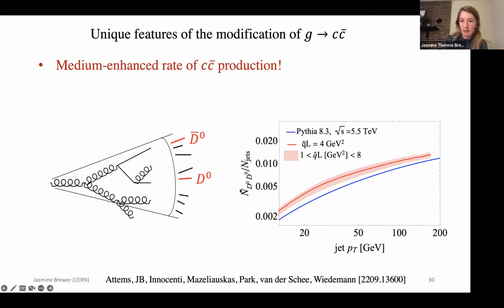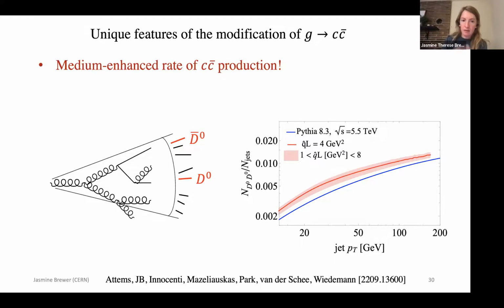So the idea is that by looking at the ratio of the number of D D-bar tagged jets compared to the number of jets in proton-proton collisions and in heavy ion collisions, you can try to access this enhancement of the c c-bar pair production.